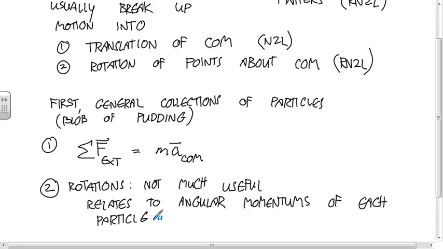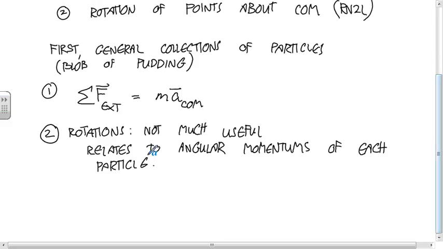So you'd have to know something about the motion of every individual pudding molecule in order to say anything about the rotation. So that doesn't help much. You don't want to sit there trying to do physics on a billion particles. And so the lack of information that we have about rotations is why we're going to go from talking about pudding to talking about rigid bodies.